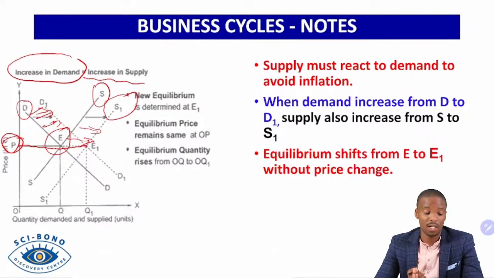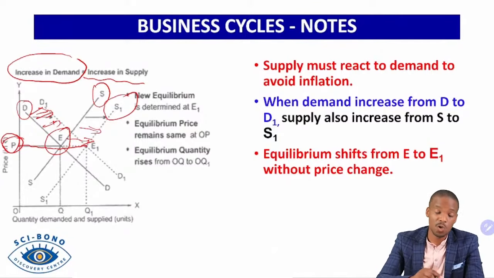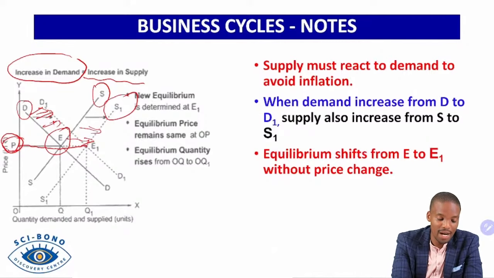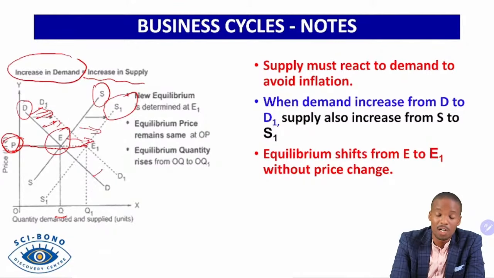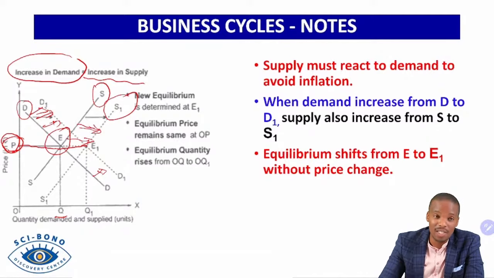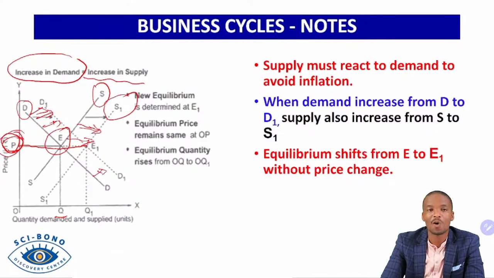you'll explain it, draw the original demand curve, which is D, and S, show the equilibrium point, show the price there, and show the quantity there. Then you explain it to say, an increase in demand from D to D1. We expect supply also to react from S2 to S1 without affecting the price, with the price being constant.